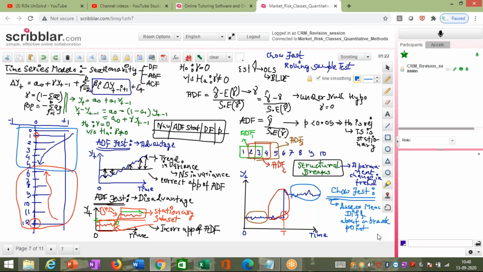In order to define the Chow test, we need to define two dummies. One of them is called a pulse dummy, and the second is called a level dummy.